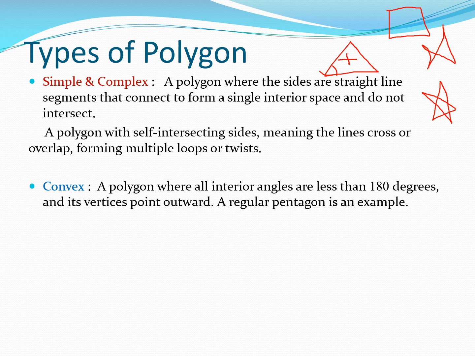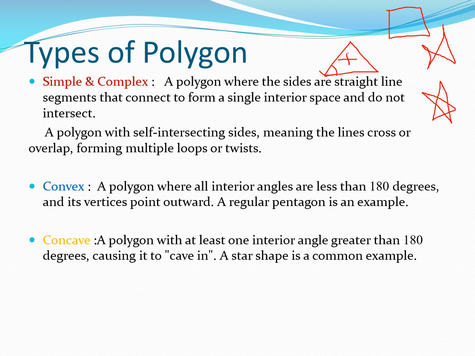What is concave? Concave means whatever polygon you take, if a pixel is inside the polygon and you want to draw a line, part of the line lies outside the polygon. This is concave. One of the angles is greater than 180 degrees.